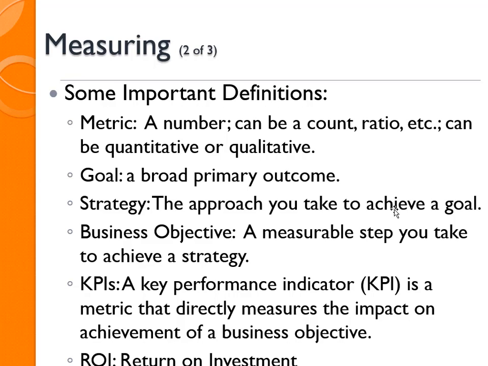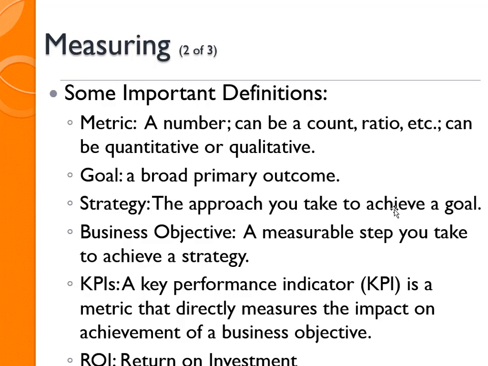Strategy is what approach are you taking to achieve those goals. An objective is always measurable, so it's like a subpart of the goal. What is it that you can measure as you're trying to achieve that goal? In this case, achieve that strategy. But a strategy is the approach you take to achieve the goal. So I always think of it as something that makes up the goal.